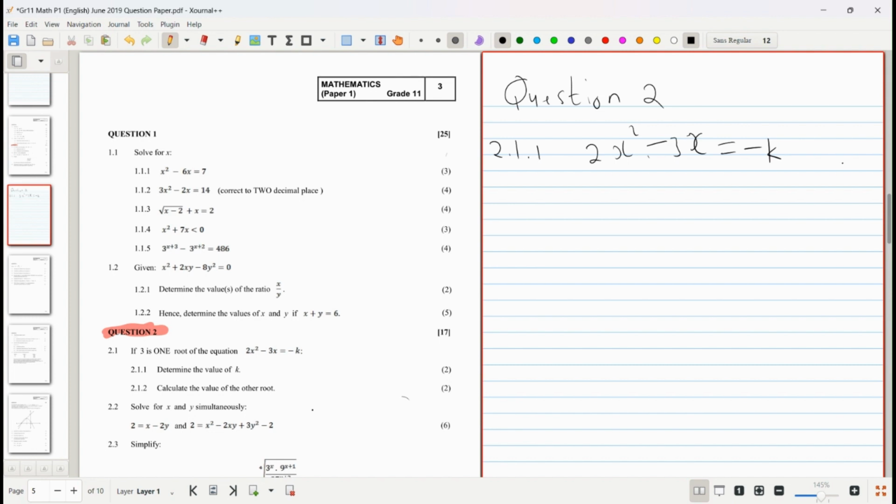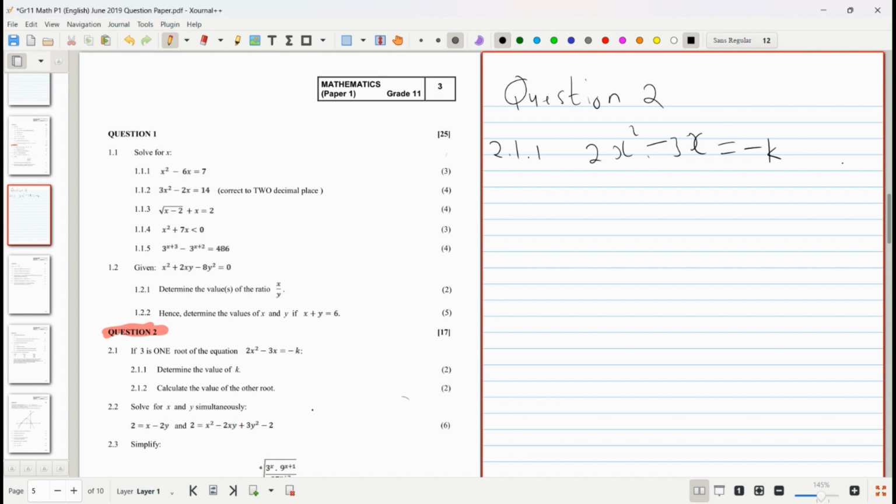They tell us that 3 is one of the roots of the equation. So it means that we have to substitute 3 for the x value. Because it's a root, we substitute x into this equation to solve for the value of k, right?